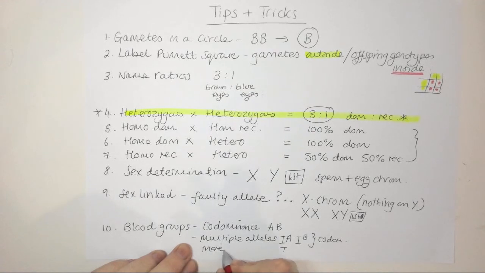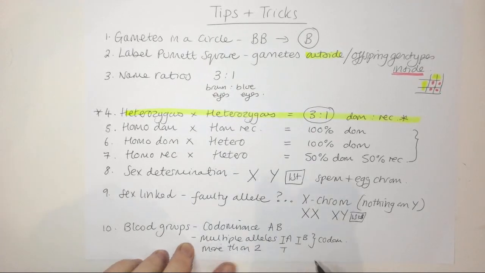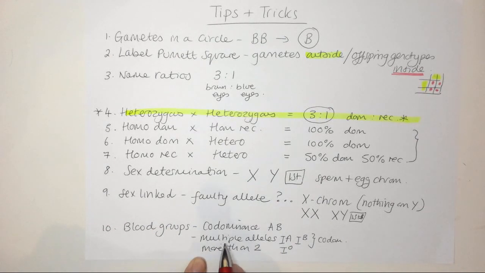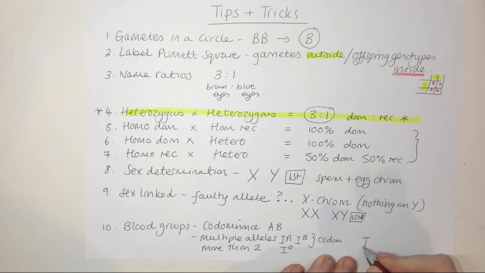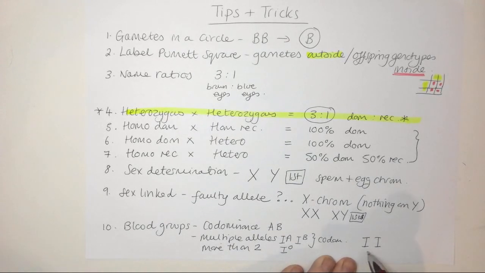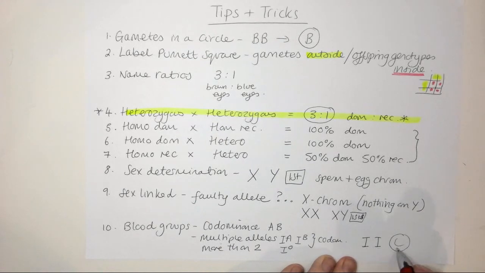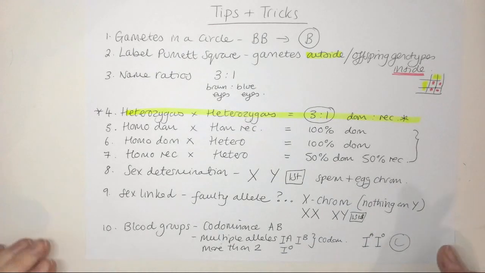Remember, that means more than 2 alleles. We have this extra little one, our O. And the tip with the blood groups and codominance and multiple alleles is you always write out your immunoglobulin to represent the little proteins that are on our red blood cell. You write those out first before you start adding your symbols for your alleles.